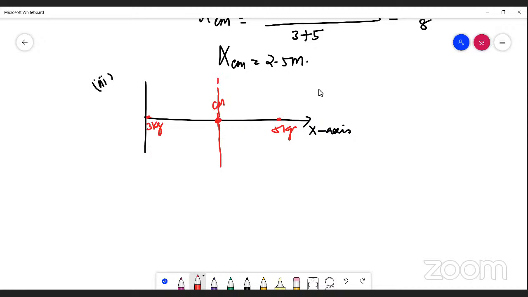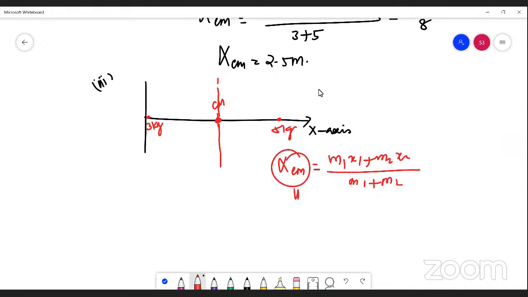In the previous class, you have come across this condition: X_CM is 0, X1 becomes negative and X2 becomes positive. X_CM is equal to (M1X1 + M2X2) divided by (M1 + M2).